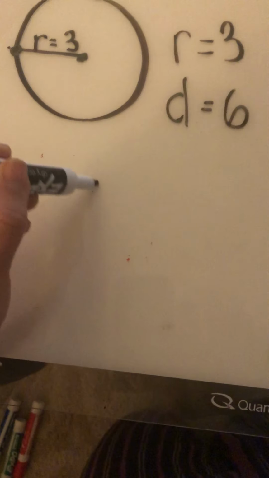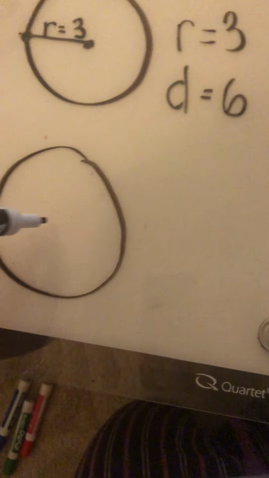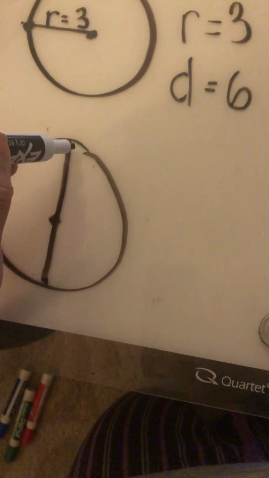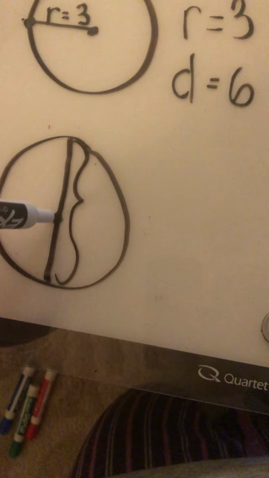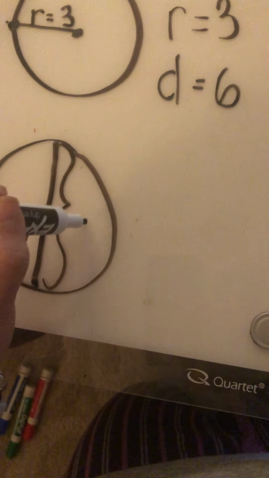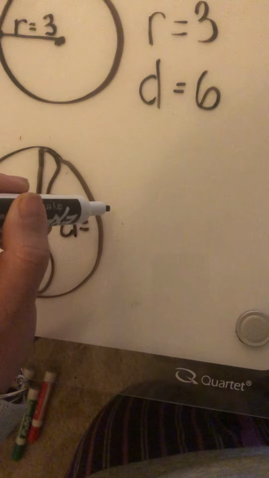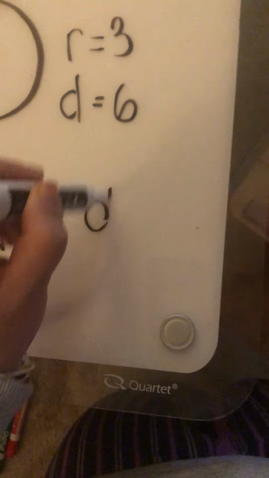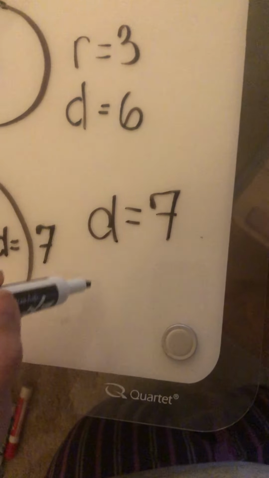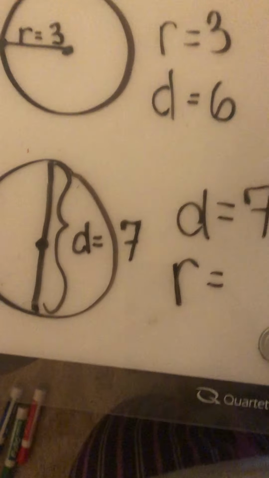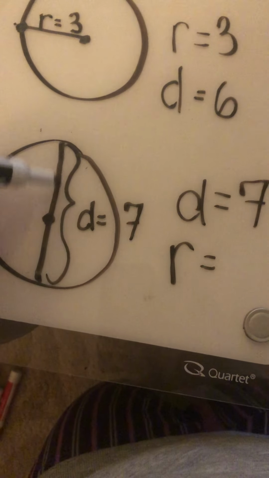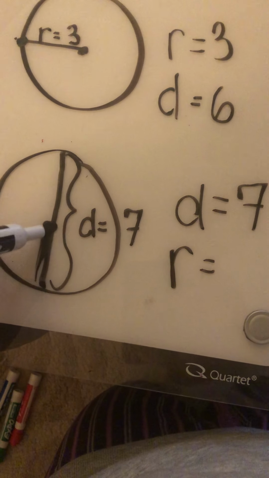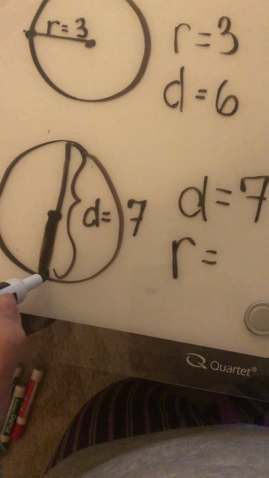If I had a circle where instead of the radius being given, let's say a diameter was given instead, from one end of the circle through the center to the other end. Let's say our diameter this time was 7, right? If our diameter is 7, then what could I do to figure out my radius? Well, if the diameter is 7, then I know that my radius is going to be half of that amount because it's only from the center to the side.